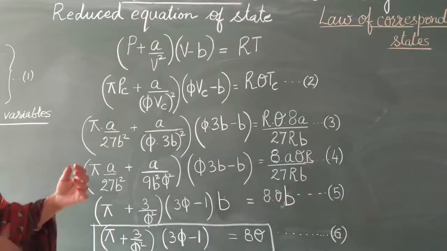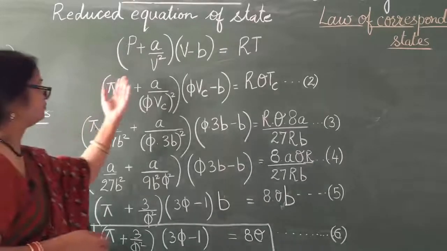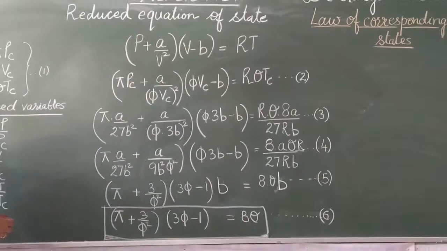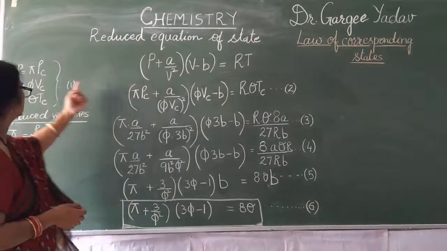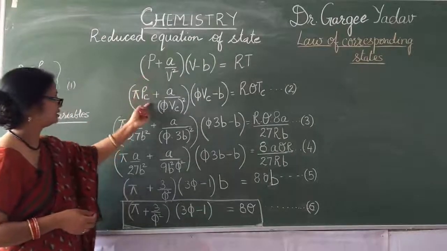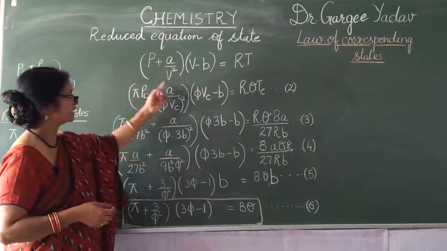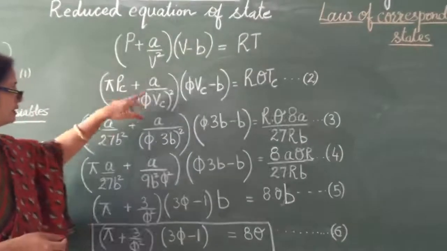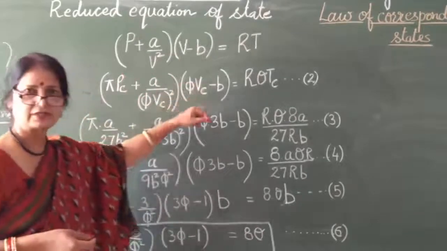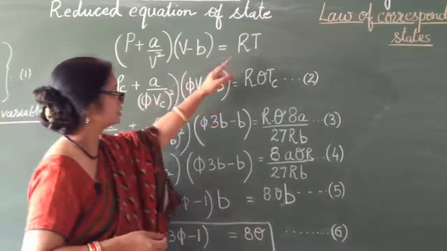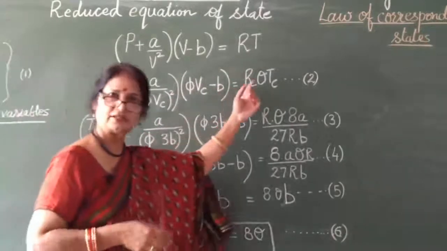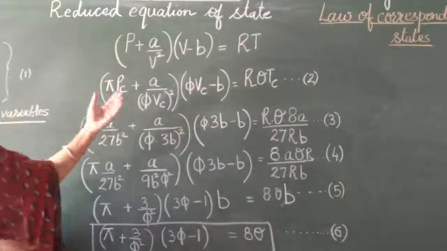Now let us substitute the values of P, V and T. P is equal to pi Pc, so we substitute pi Pc for P, phi Vc for V, and since it is a square, we keep it as (phi Vc) whole square. V is again phi Vc minus b is equal to R, and T is theta Tc, so it will be R theta Tc. Let it be equation number 2.